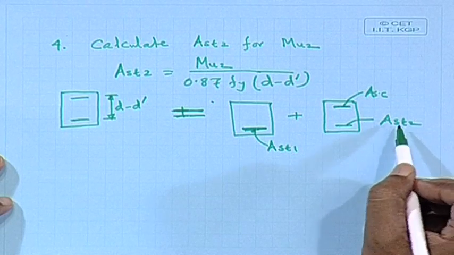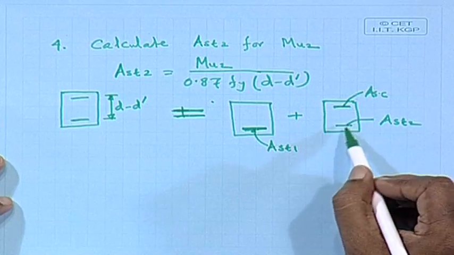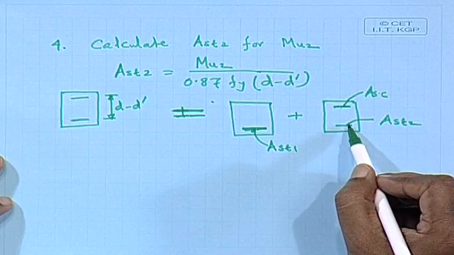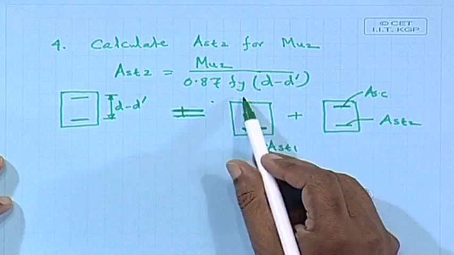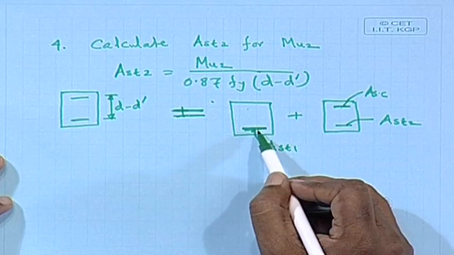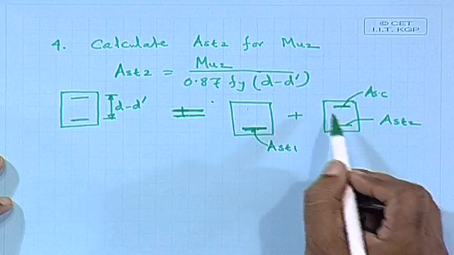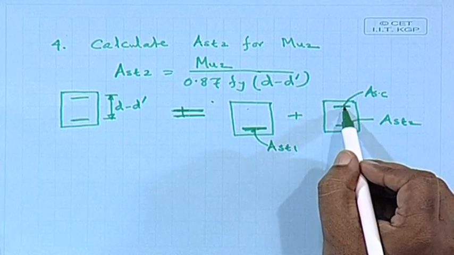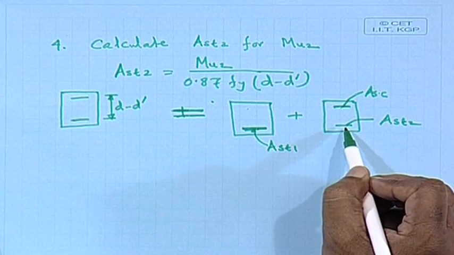And why ASC and AST2 are different, I have already told, because the stress at this level is different from the stress at this level. And since it has to be in equilibrium, because your compression and tension are in equilibrium, slowly you are adding reinforcement here and reinforcement here.